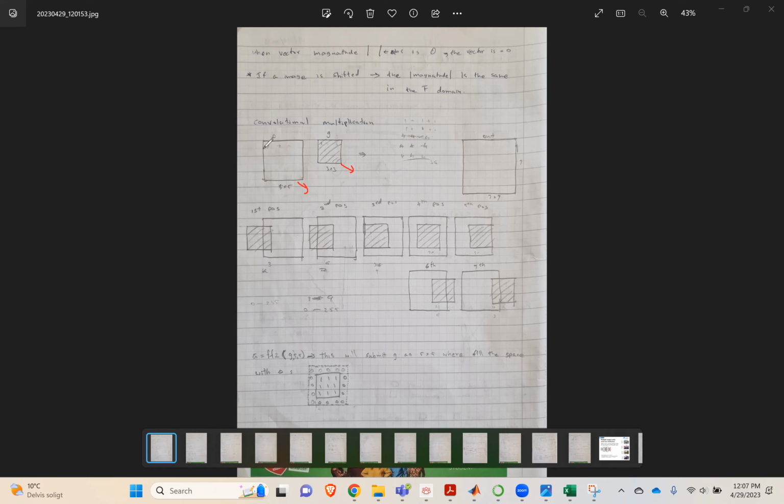Pointwise multiplication means this point you multiply with this. But these are two different sizes, so you cannot do it directly. What happens to these other points? So you artificially create zeros around that 3x3 filter. Now you can multiply this one with this one in the Fourier domain.